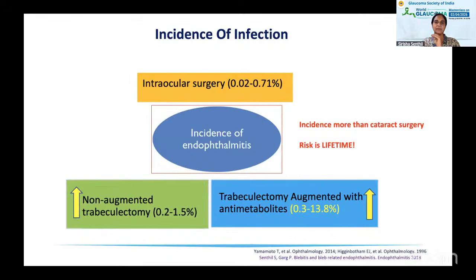So with that as the benchmark, the risk of endophthalmitis following trabeculectomy is far higher, and that after an augmented trabeculectomy with an antimetabolite is far higher. You can see the upper limit of post-cataract surgery endophthalmitis is 0.71, and the upper limit here is 13.8%, which is quite high.